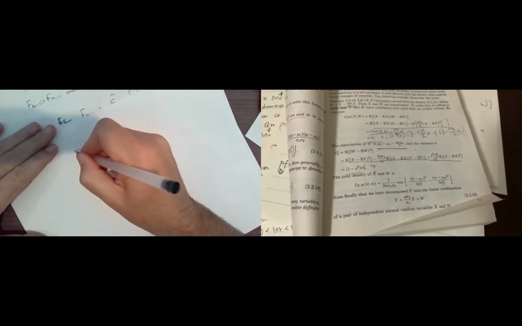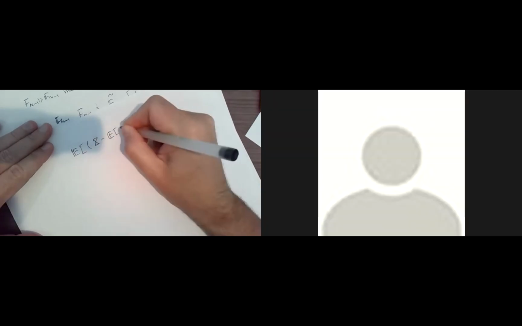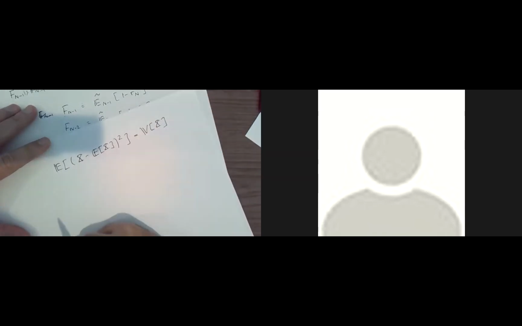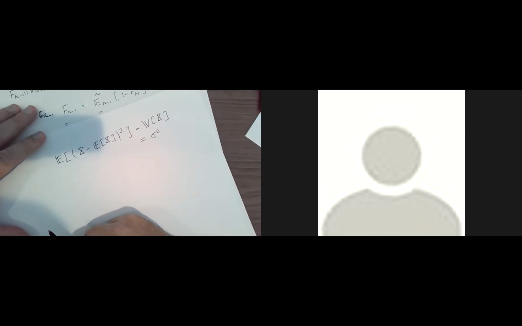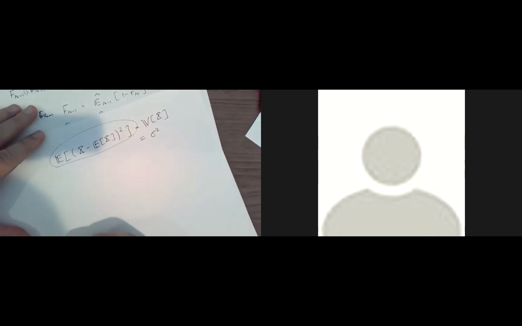If you're looking at, can you see my screen? Yes, I can see your screen. So E of (EX minus X) squared, right? This here is the variance of X. And this is probably your sigma squared. I mean, this is the definition, right? This is the variance by definition of a random variable.